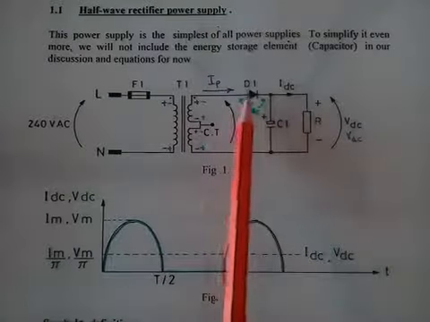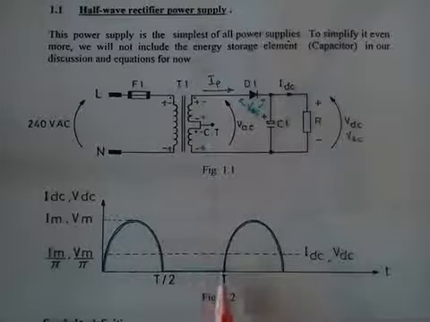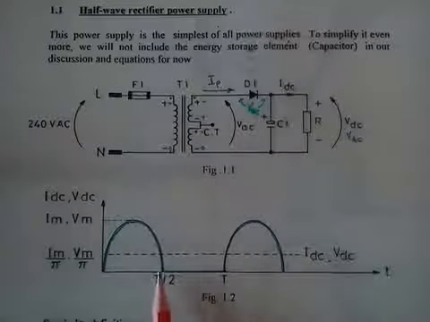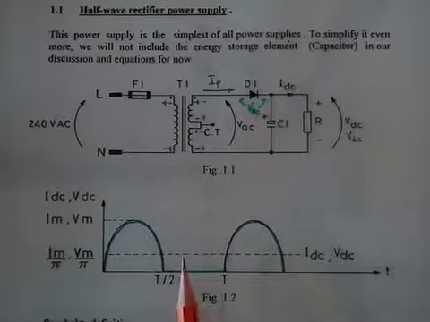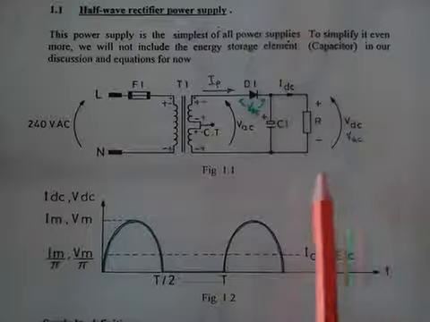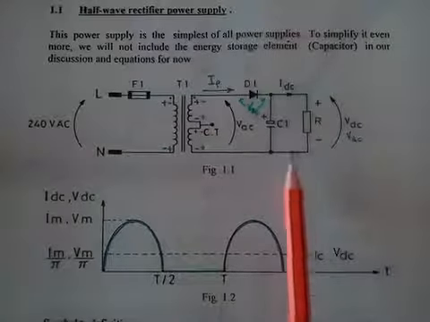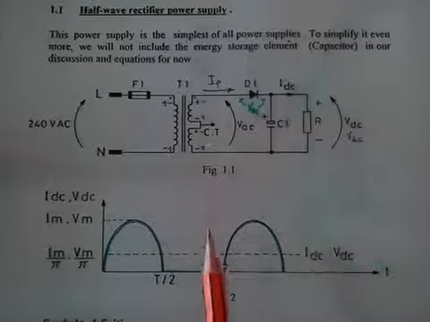Therefore, the diode will block that part of the sine wave. Okay, this of course will cause harmonics in the system. That's why sometimes this type of power supply is not used.